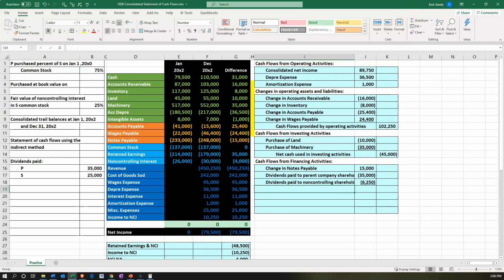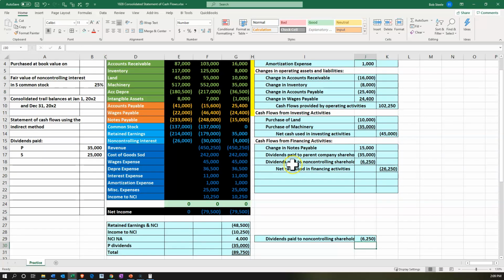And so that's going to give us then the net cash used in the financing activities. Let's give that one more indentation, and then we'll sum these up. So there we have that.